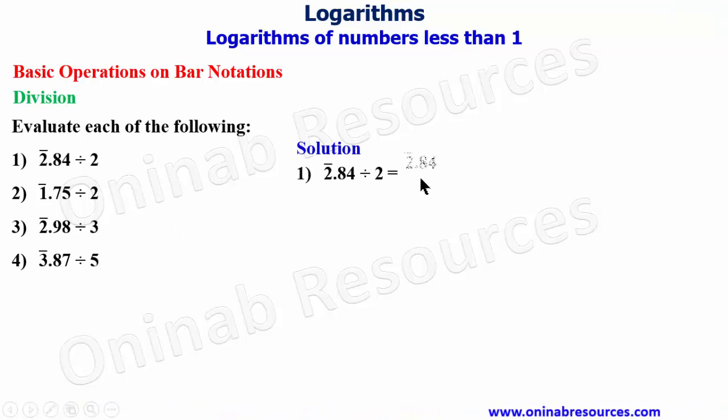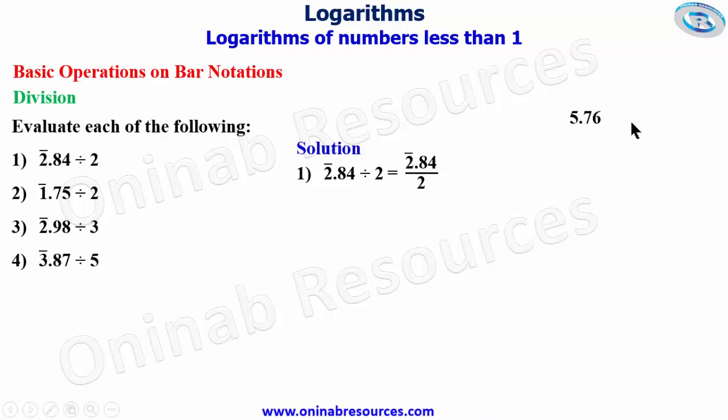So we can write this one as 2.84 over 2, because this is 2.84 divided by 2. We need to recall that for every decimal number like this, we can split them into the whole number part and the fractional part.